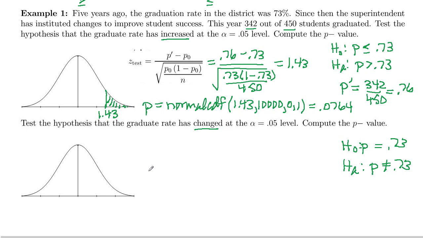That means that we could have a p-value on the right or on the left. So we're going to mark off that 1.43. Our test statistic's still the same. None of this changes, but it could be positive or it could be negative. So this is p over 2, and this is p over 2. That just means that our p-value here is going to be 2 times the 0.0764.